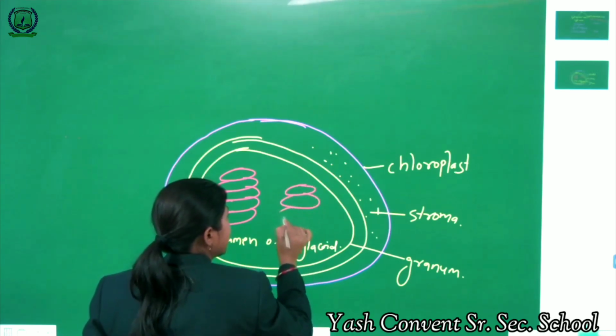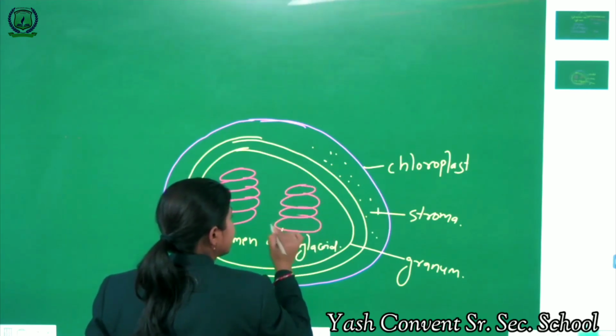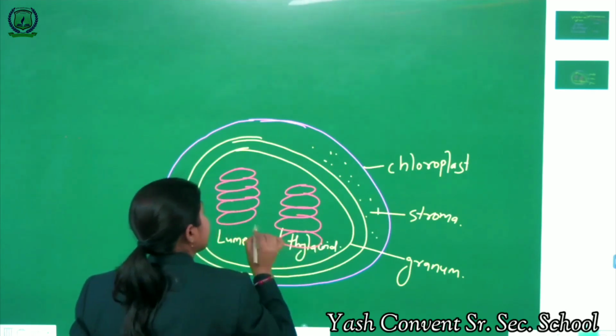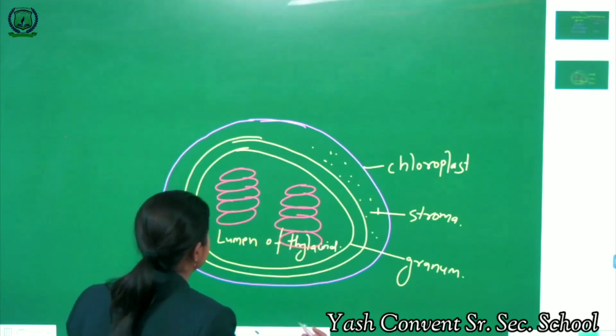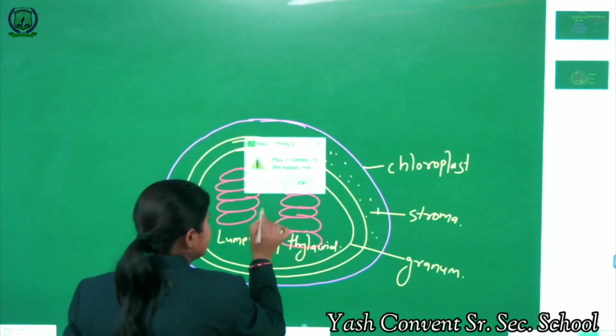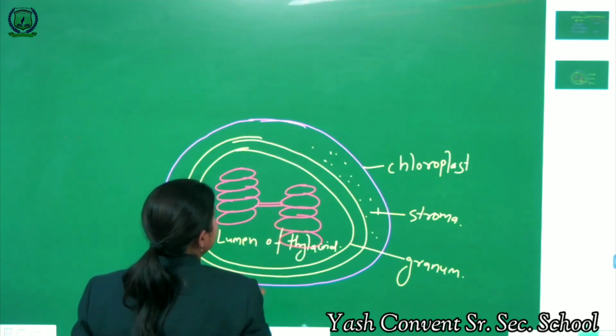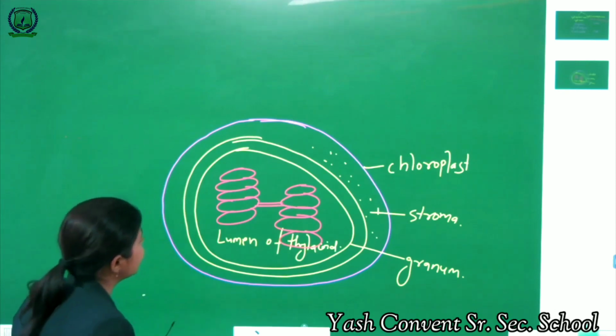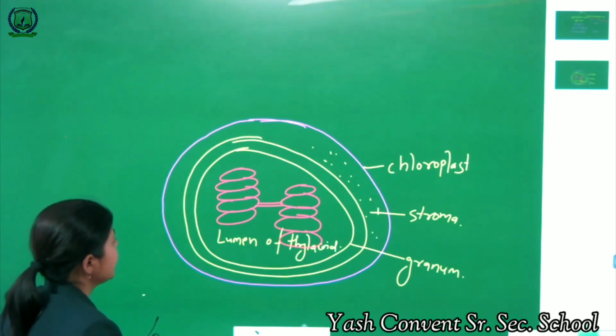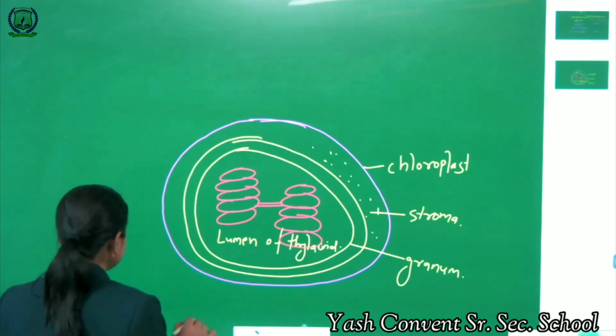Many granums are present, and each granum is attached to the others with the help of stromal lamellae.